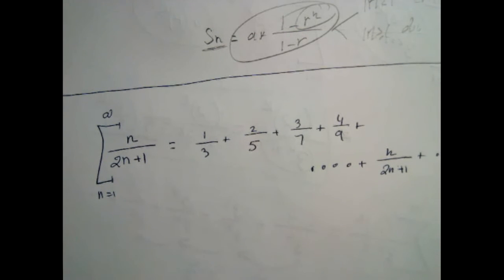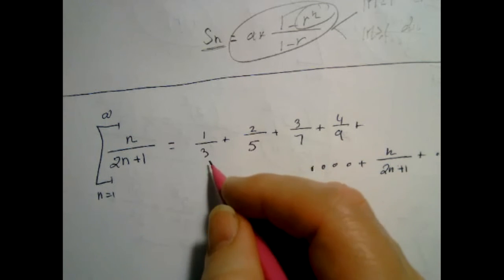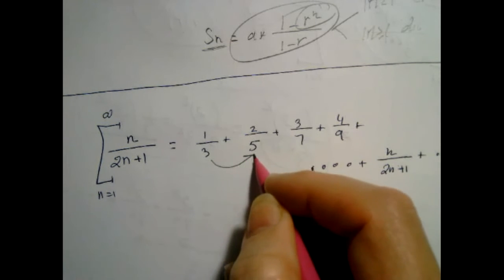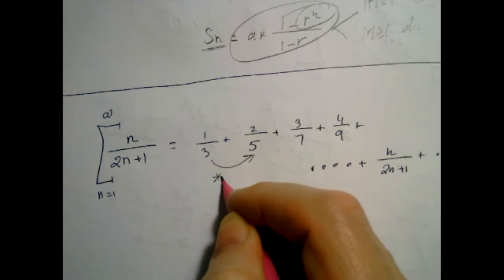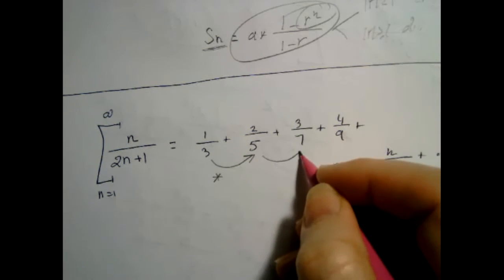First question, is this geometric? Yes or no? I think so. Yeah. What's the ratio? If geometric, it means the way you go from one term to another is by multiplying by a common ratio, by the same number.